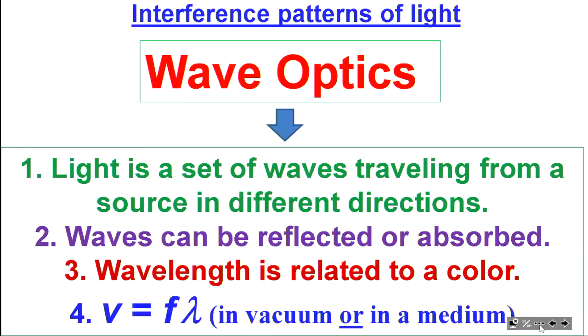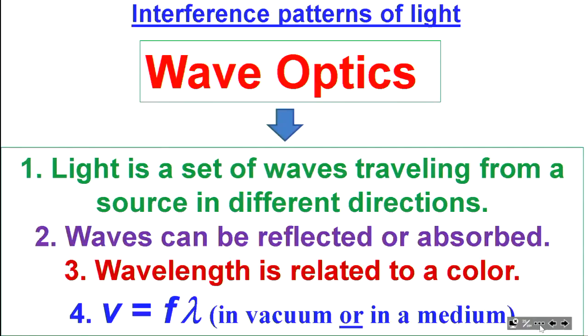In wave optics, we treat light like a wave, and everything we know about any wave can be applied. It has period, wavelength, frequency, speed. The relationship between speed, frequency, and wavelength is the same as for any other wave.